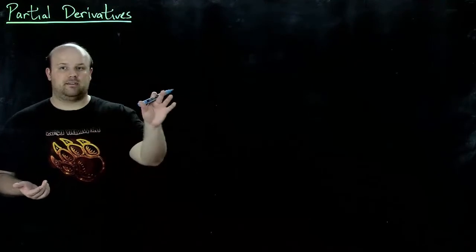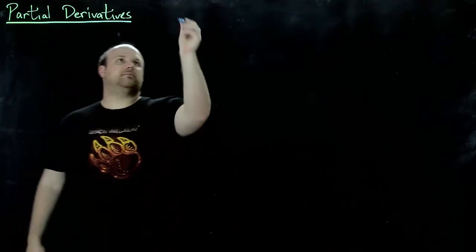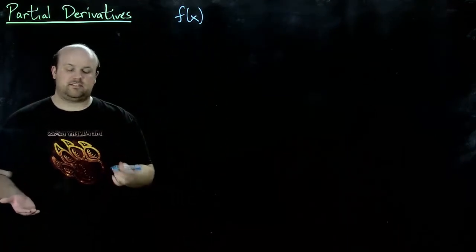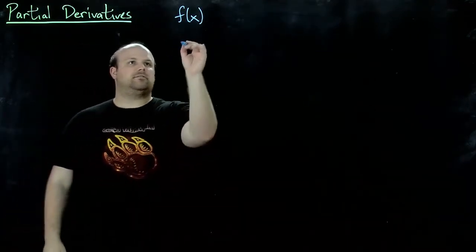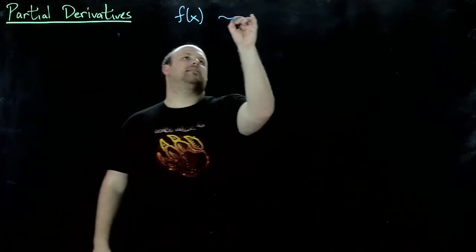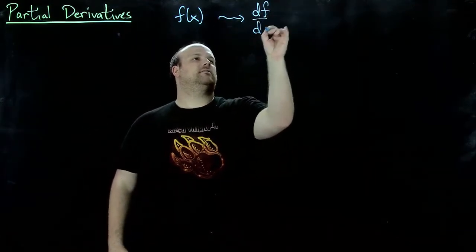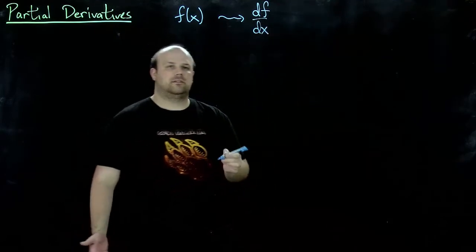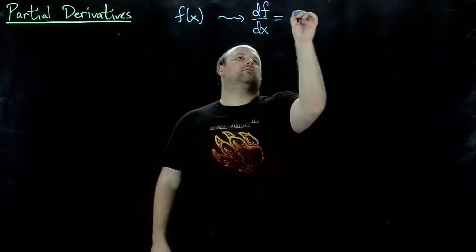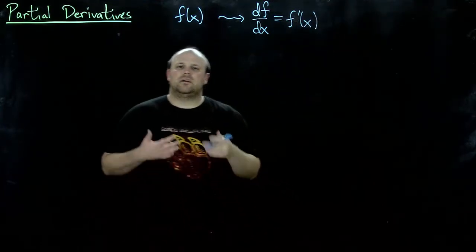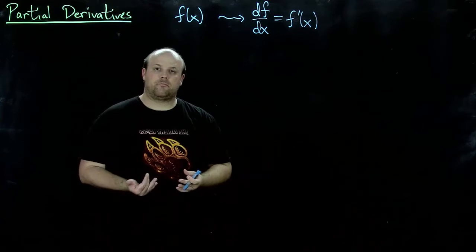So let's look back at a function of a single variable, just f of x. How do we find its derivative? Remember, its derivative we call df dx, right? Or we might have just called this f prime, right? How did we define this derivative?